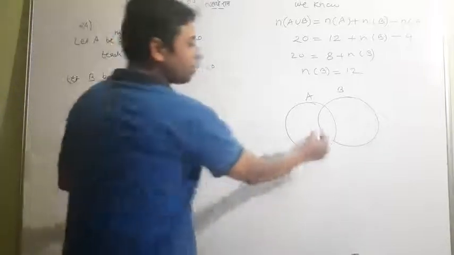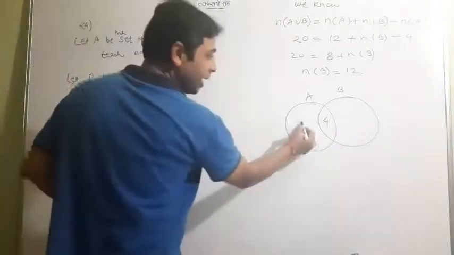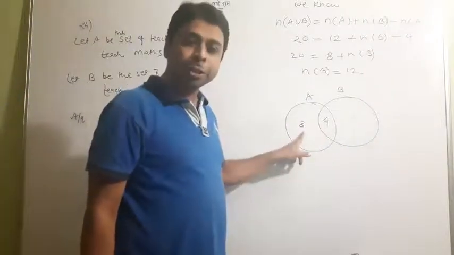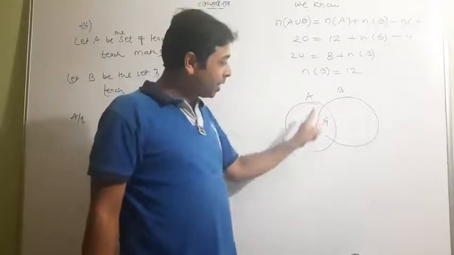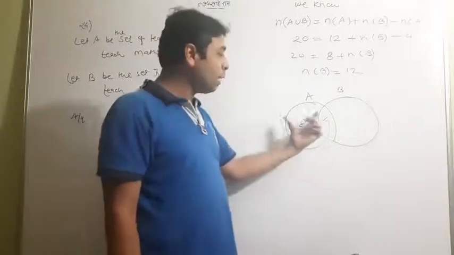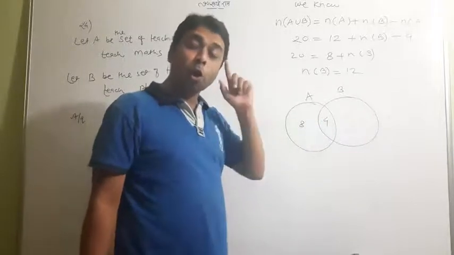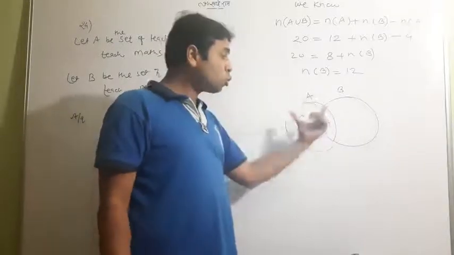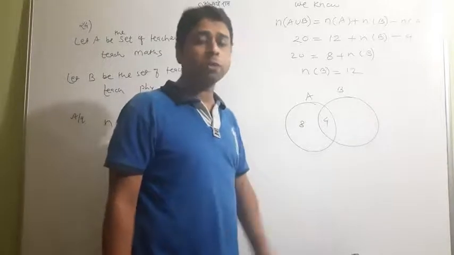So N of A is written as 8 plus 4 equals 12. This 8 are pure mathematics teachers, but these 4 are common teachers. All 12 teachers are not pure mathematics teachers, because 4 also teach physics.